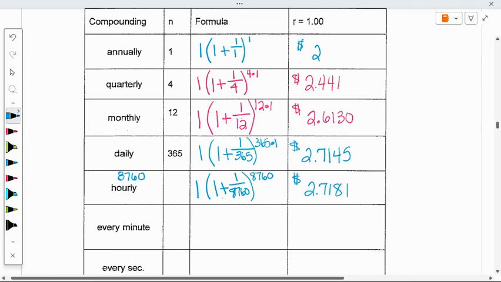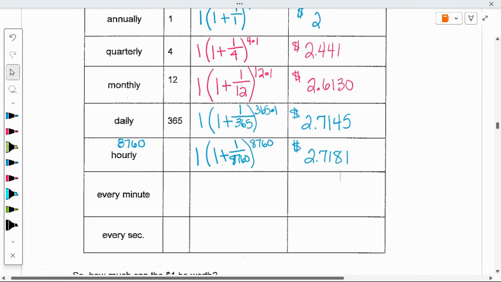2.7181. Okay. What about every minute? 525,600, you said? Good job. Okay, so I started with $1 and then my formula is 1 plus 100%, which is the whole number 1, divided by 525,600, to the 525,600 power.